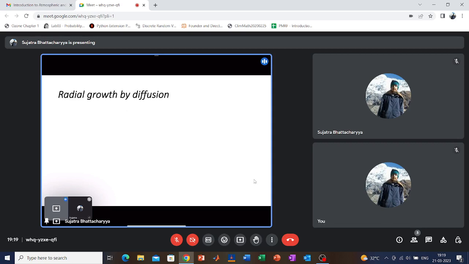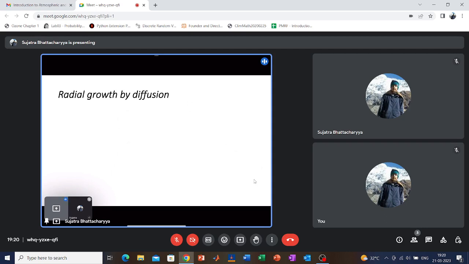Now comes the big derivation of the radial growth of the droplet by diffusion. The derivation is already there in the NPTEL slides or lectures, but I am doing it because there may be some gaps, and I can fill up those gaps using this derivation.